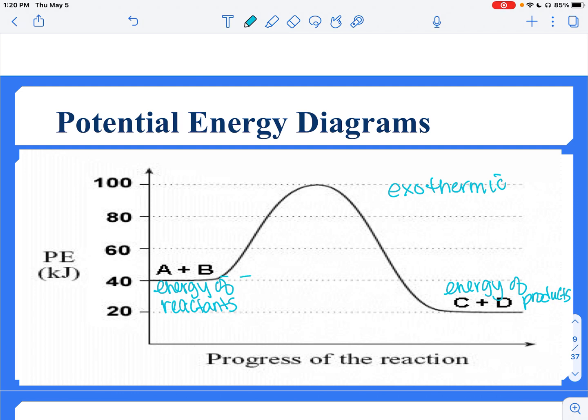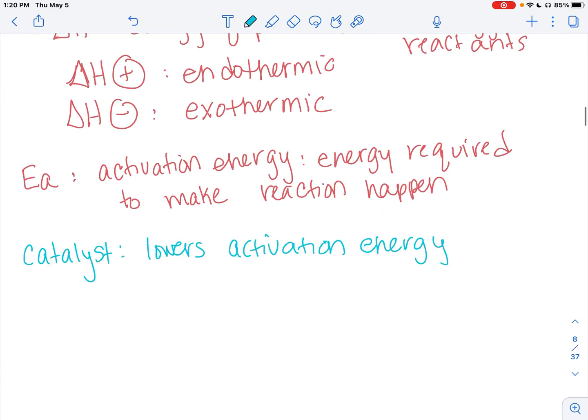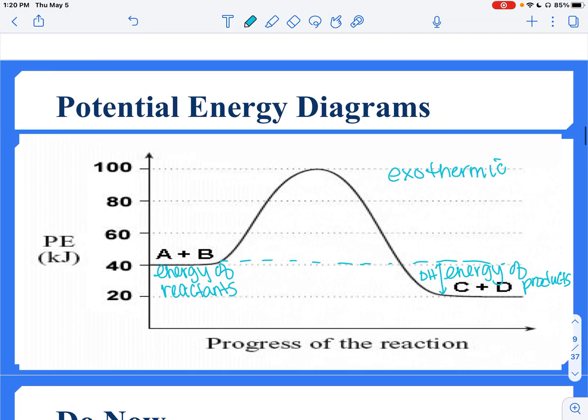We can still have our delta H, but it's going to look a little different. Here delta H is above the product line, where before delta H was below the product line. And that's because delta H here, energy of products minus reactants, is going to be a negative number because it's exothermic.